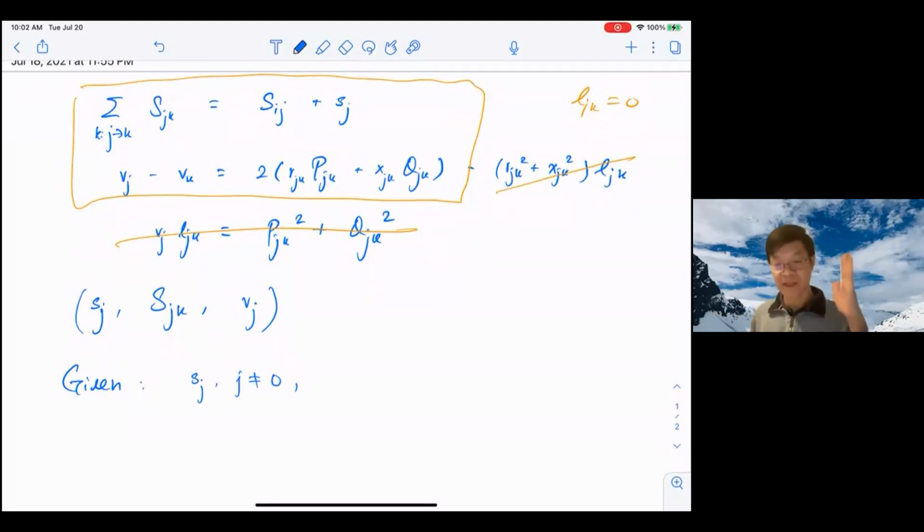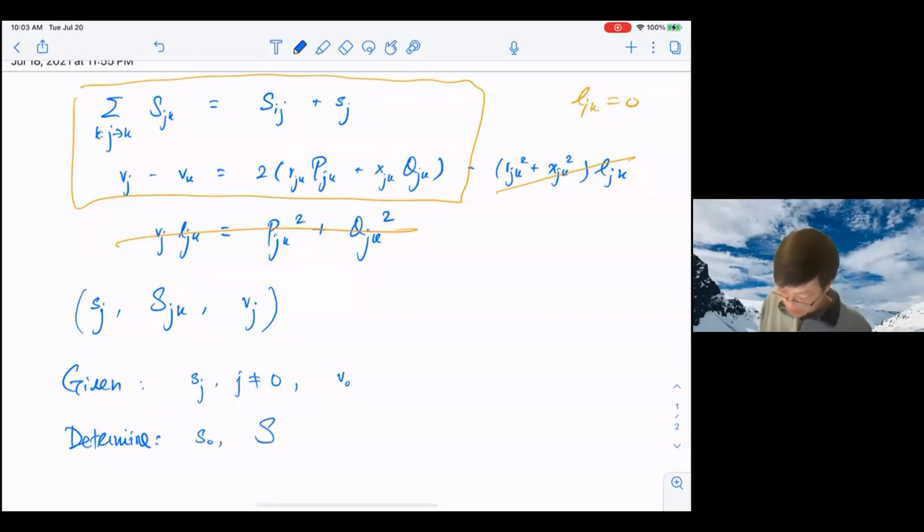But given all the injections from the customers, except at the substation, and given the voltage at the substation, the power flow problem is to determine the remaining variables, which will be s_0 at the substation, capital S_jk for all lines, so capital P_jk and capital Q_jk for all lines jk, and also V_j for j not equal to the substation. So that's the power flow problem.